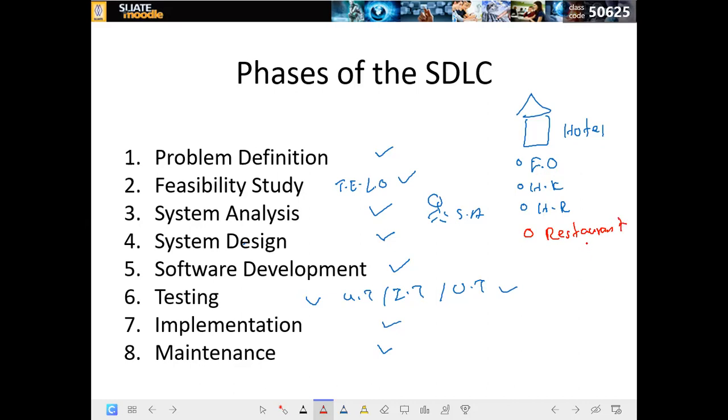Now another section is there in your hotel, the restaurant, but you don't have a system for the restaurant. You have made the system for the other departments, but this was a newly built one and you don't have a system. Then what can you do? You have to develop a system for the restaurant. Can you stop at this maintenance stage? No, this is a new requirement, so you are going to find the problem definition for the requirement of the restaurant.